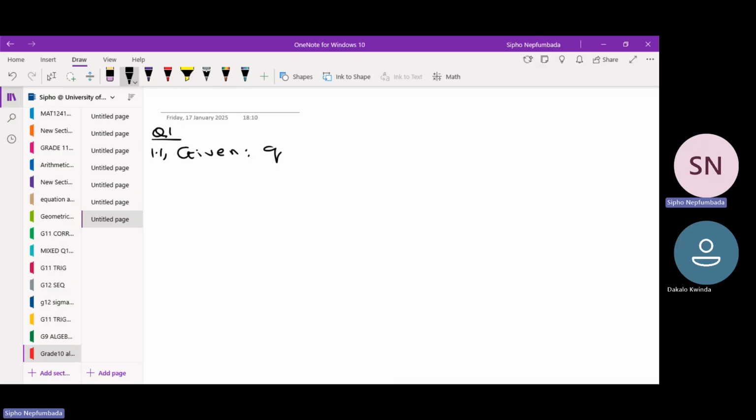You are given Q, where Q is equal to the square root of B squared minus 4AC.